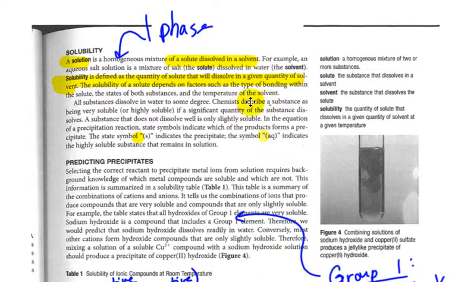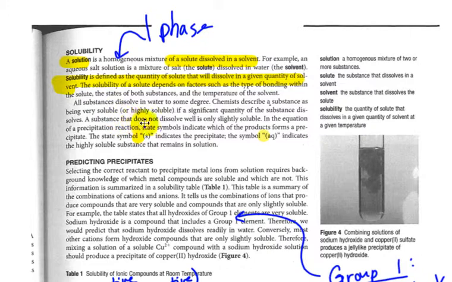The solubility of a solute depends upon the bonding that occurs, the states that the substance is in, and of course, as I mentioned, the temperature. All substances dissolve in water to some degree. Chemists describe a substance as very soluble or highly soluble, which means a significant quantity does dissolve.